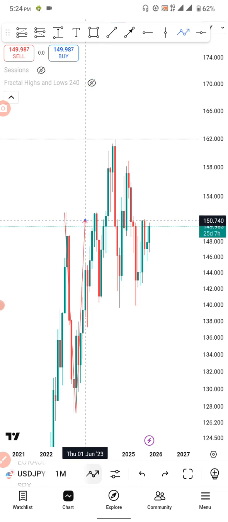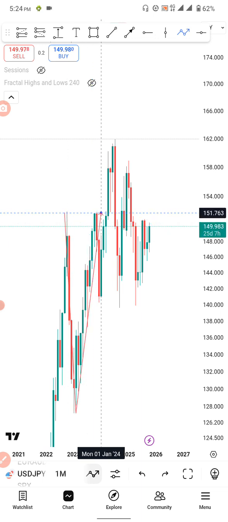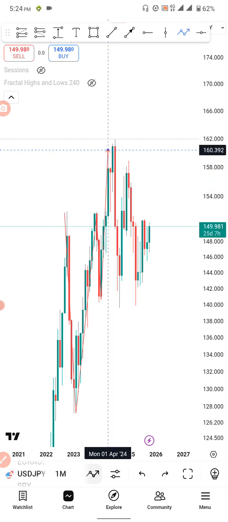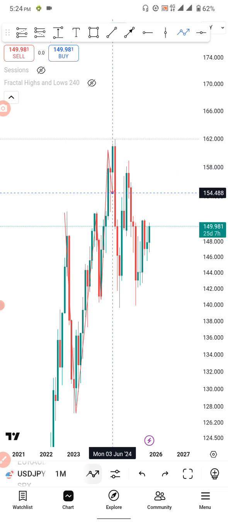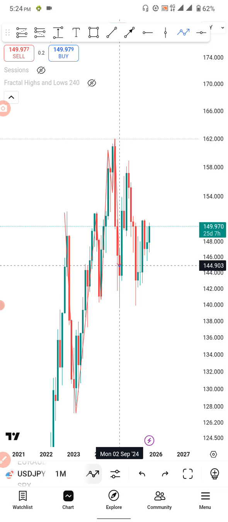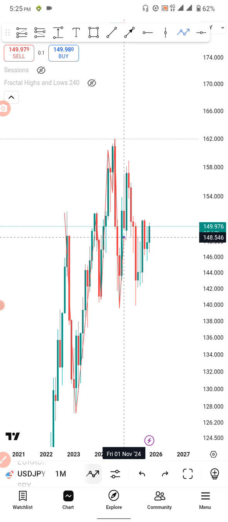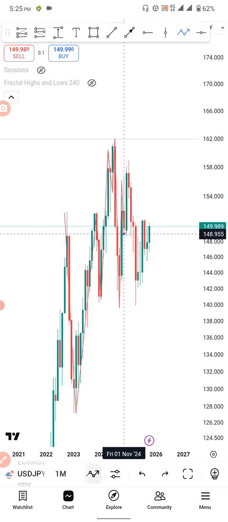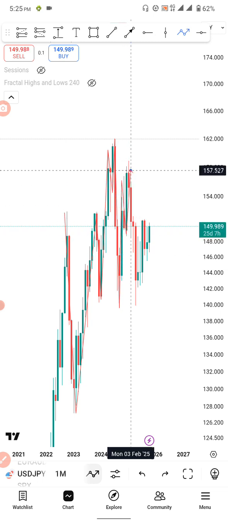We never broke here, so this is kind of an inside formation. Then they broke, and we have this small candle inside here, and it shifted off with big momentum. It came back here and made for us this kind of pattern.